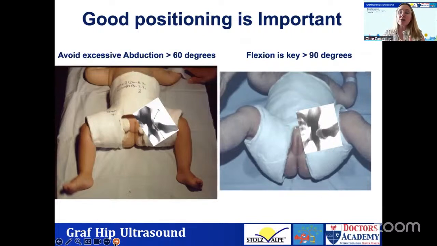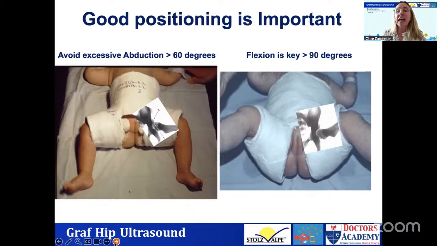And again, these are historical pictures showing the method described by Lorenz to put a baby in a hip spica on the left, into pure abduction. The one on the right is where flexion to 90 or 100 degrees has been preferred.